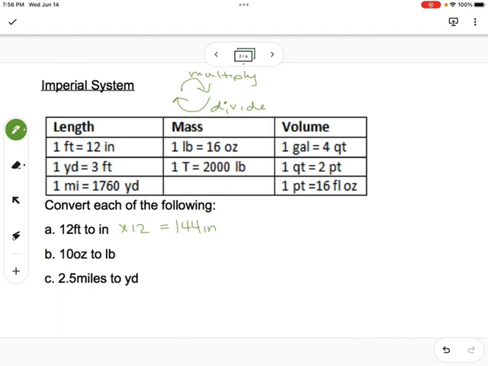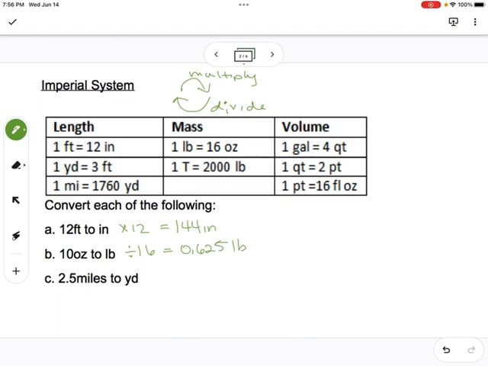Okay, next one, 10 ounces to pounds. We have our pounds and ounces right here. We're going ounces to pounds, so we want to divide. 10 divided by 16 gives us 0.625 pounds.